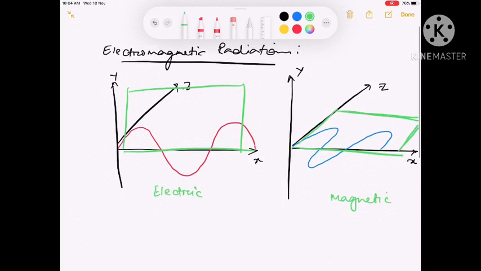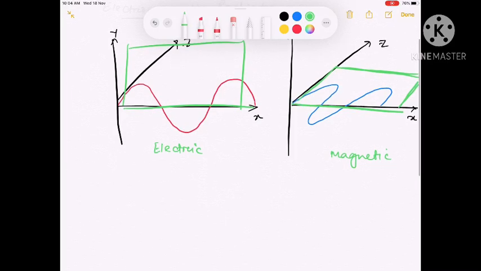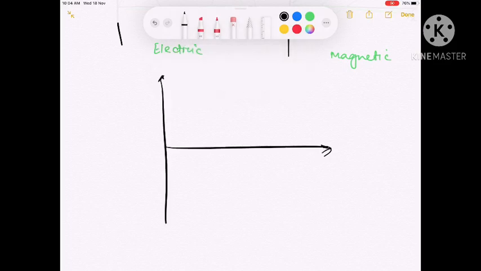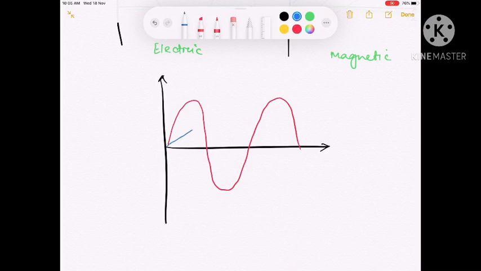Now we have the electric field like this, and we have our magnetic field in the horizontal plane.